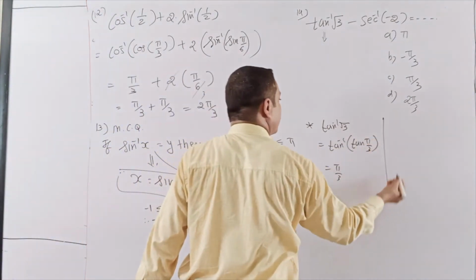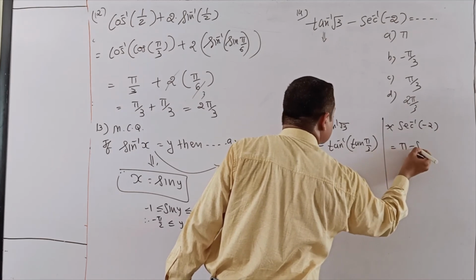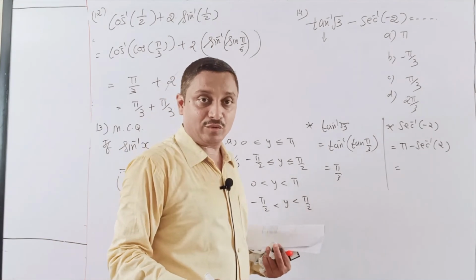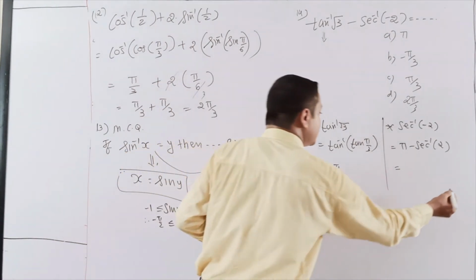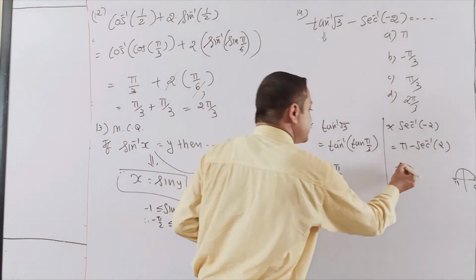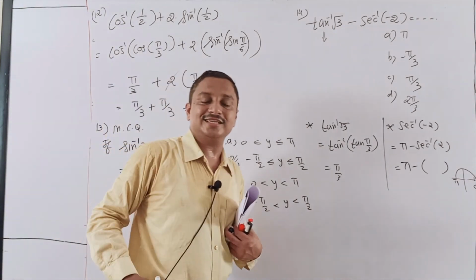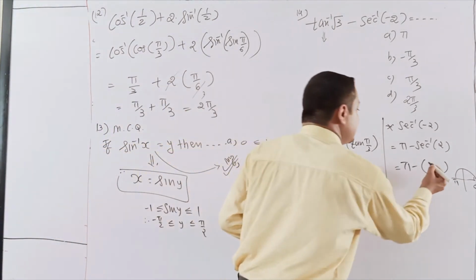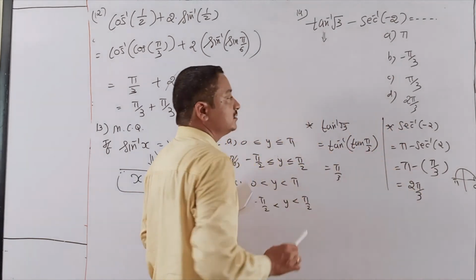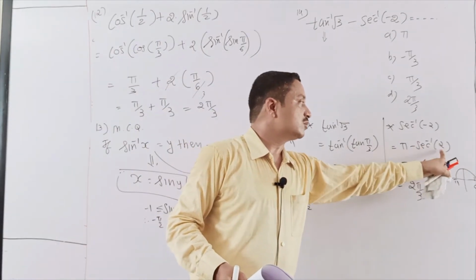And next one, sec inverse minus 2, which is pi minus, because in the second quadrant, the sec function is negative. According to range, your range is 0 to pi. Correct? Now when sec is 2, yes, cos 60 is half. Then sec 60 is also 2, meaning 2 pi by 3 then. Students, one more time check.